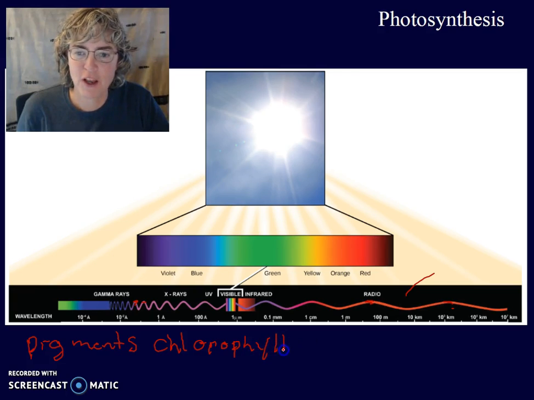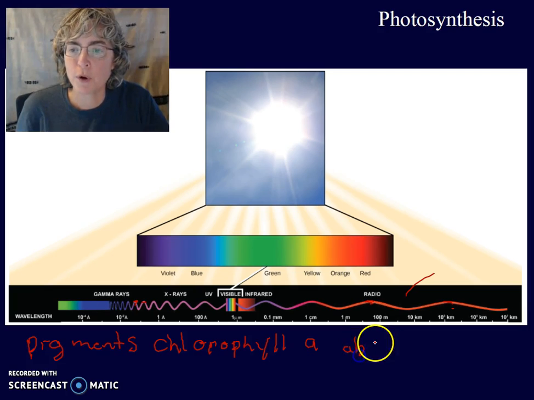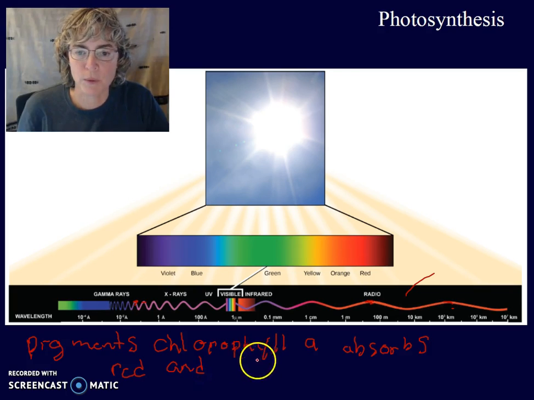Two L's. Chlorophyll A. And chlorophyll A absorbs the colors in the spectrum, red and blue.